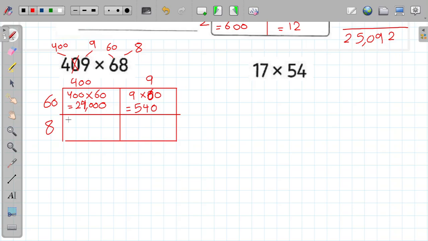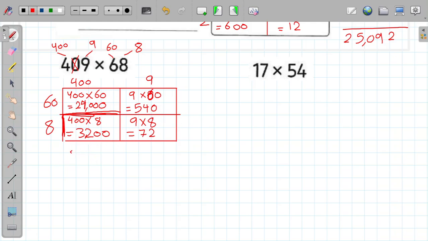Next, I have 400 times 8. 4 times 8 equals 32, and I have 2 zeros, so the result will be 3,200. The last one, I have 9 times 8, which equals 72. I will add all numbers together.